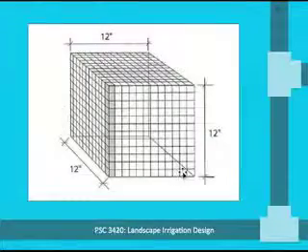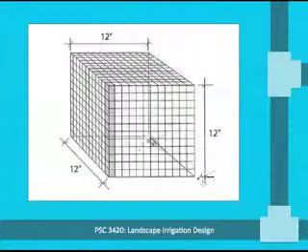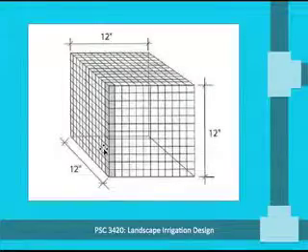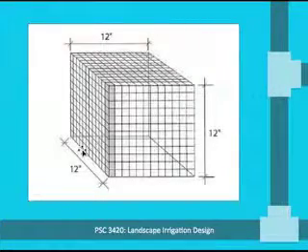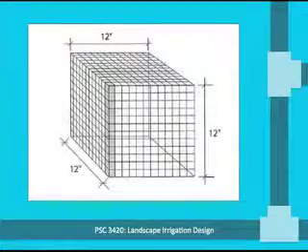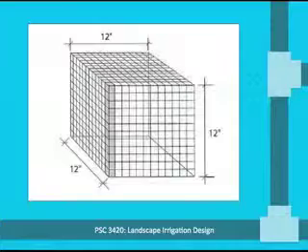So that's the weight of the water that would be measured if this cube were sitting on a scale. Now the area at the base of the cube is 12 by 12 inches, or 144 square inches. If you were to divide the 62.4 pounds resting at the base by 144, it would equal 0.433 pounds.